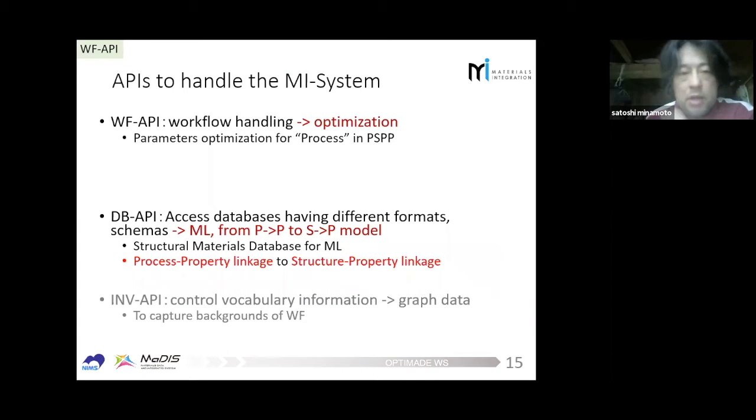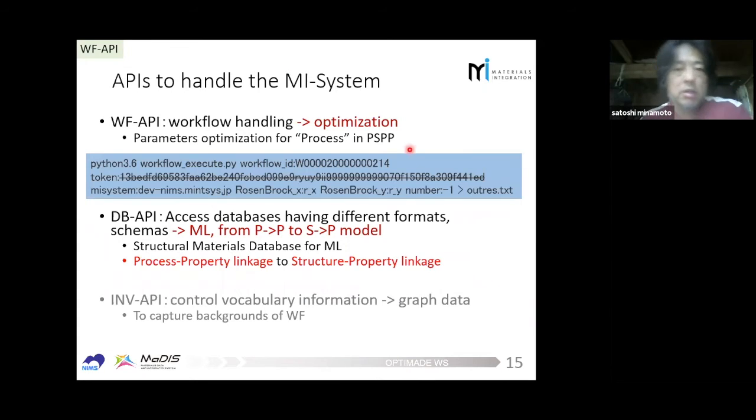And so the APIs to handle our system are almost three parts. The first one is workflow APIs. The APIs to control the workflow execution. Here is just an example of how to execute in a Python script. And the second one is the database API. So we are aiming to access databases having different formats or schemas.